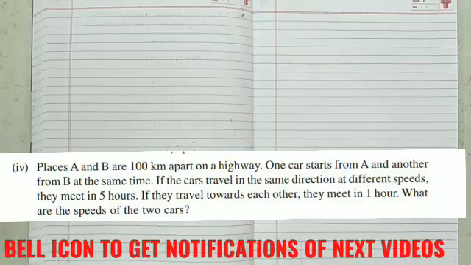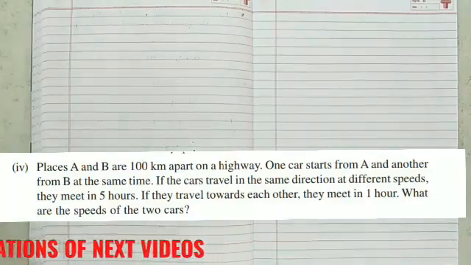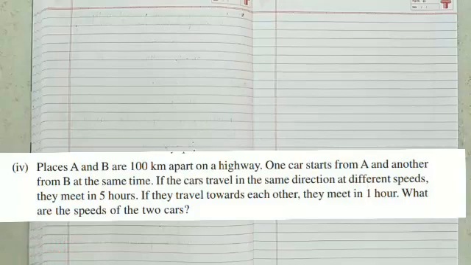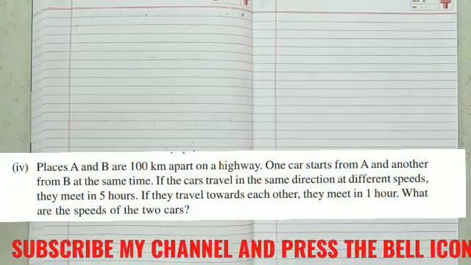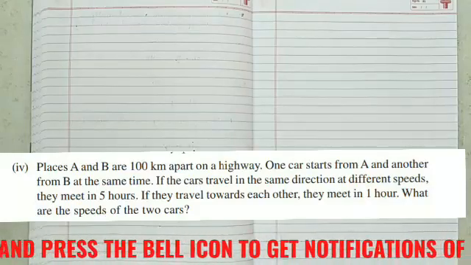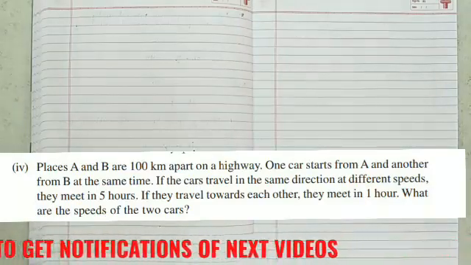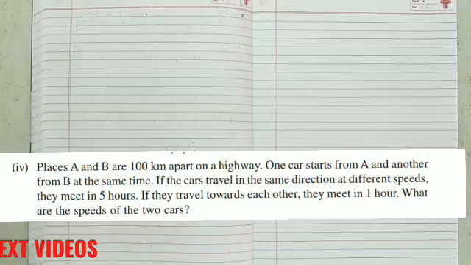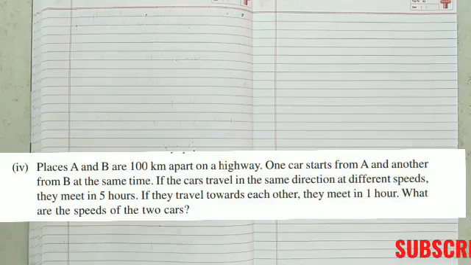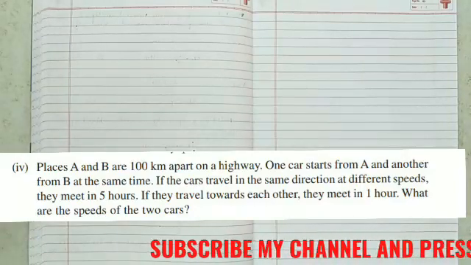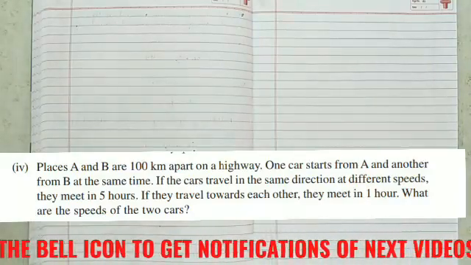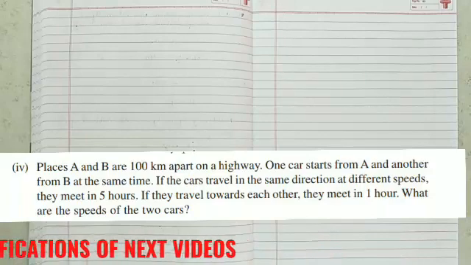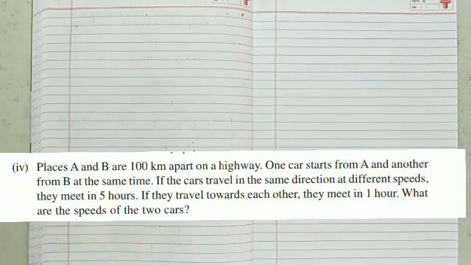So there are two cars, one starts from A and one starts from place B. Now they say if the cars travel in the same direction at different speeds, means both the cars move in the same direction of the road, same side, they meet in 5 hours.